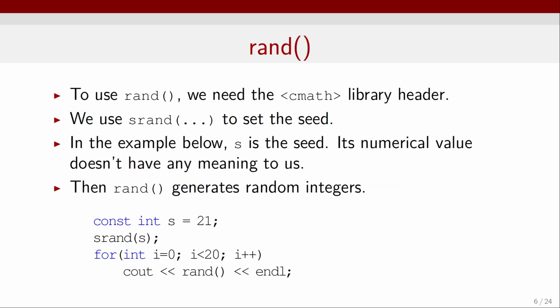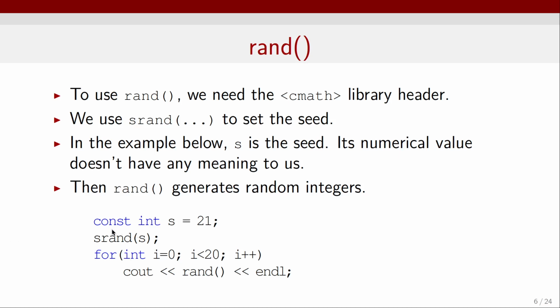To use rand, we need the cmath library header, and we use srand to set the seed. In this example here, s is the seed. Its numerical value doesn't have any meaning to us. The rand command generates random integers.